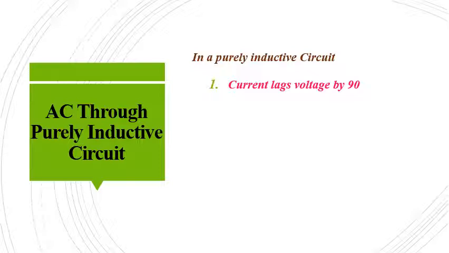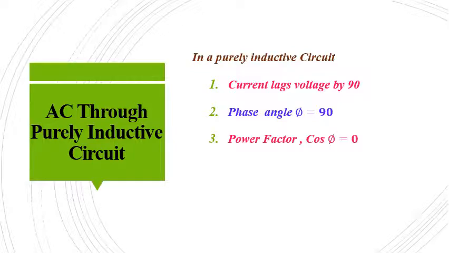By how much angle? 90 degree. Then the phase angle, that is the angle between your voltage and current phasors, is 90 degree. Then power factor, that is cosine phi, is cos 90, which is equal to 0. And average power consumed is 0.